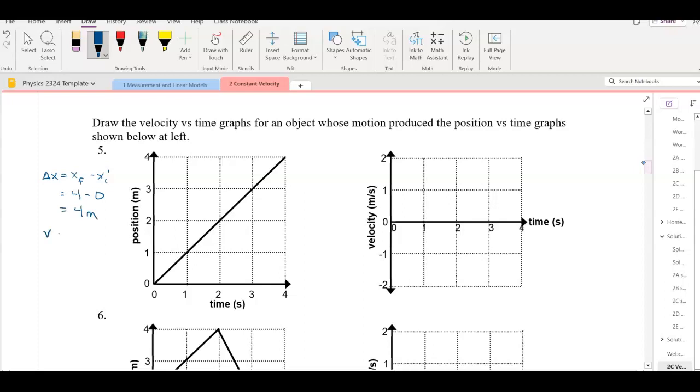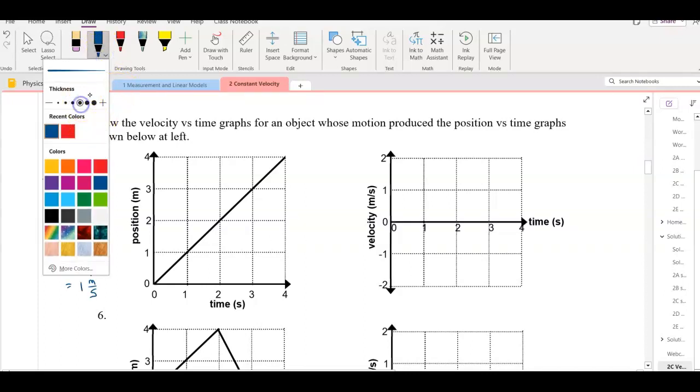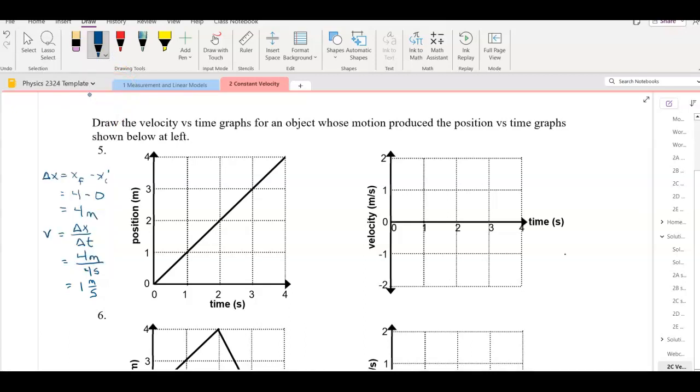So the velocity is that displacement divided by the elapsed time, and so it went 4 meters in the positive direction in 4 seconds, so the velocity is 1 meter per second. Okay, so when I'm showing my velocity versus time graph, I'm showing a velocity of positive 1 for 4 seconds.